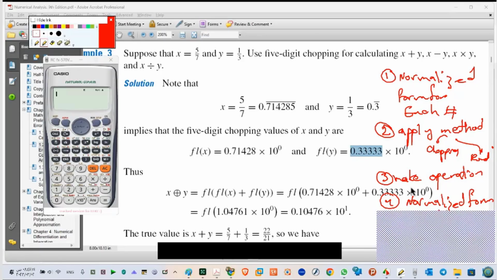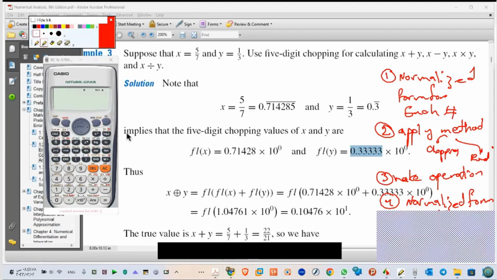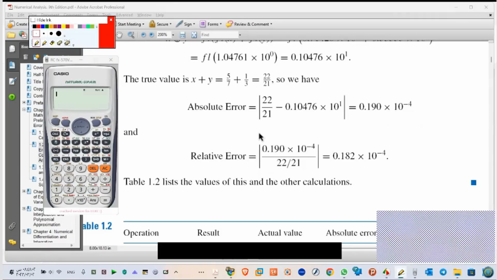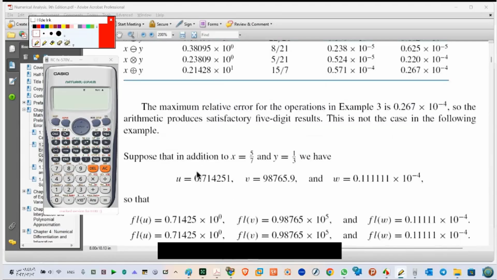Any question for this? Same thing here, as I calculate absolute error, I calculate relative error for each one.